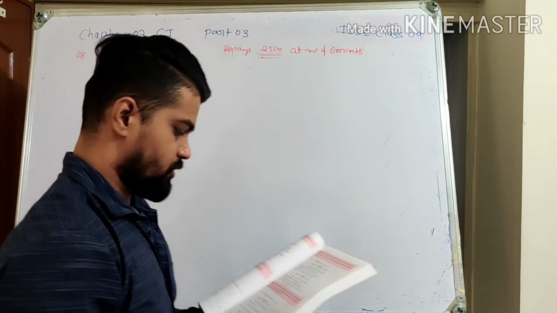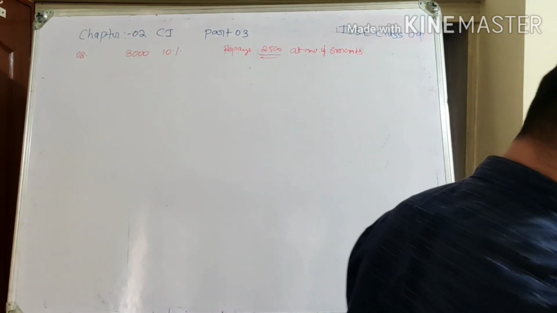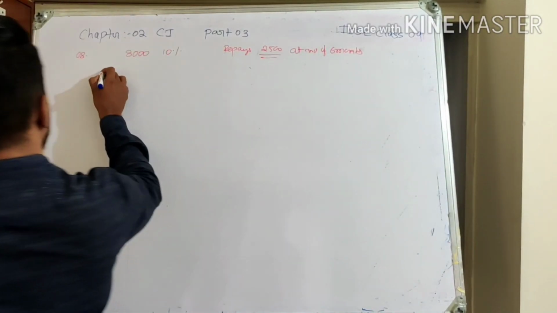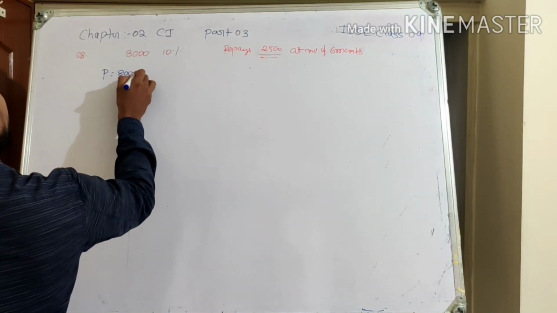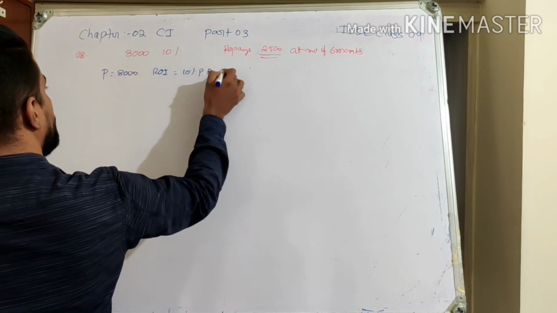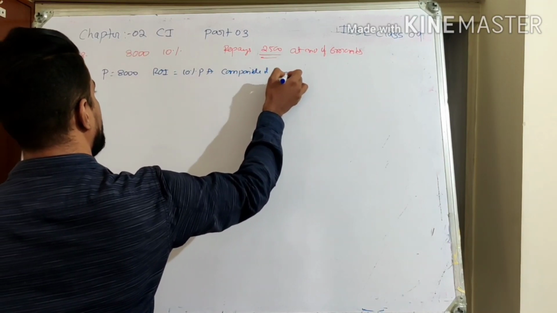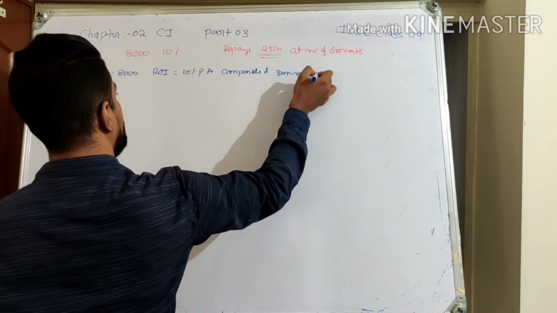Okay, so let's see what happens here. So what is the principal here? The principal is 8,000. Rate of interest is 10% per annum compounded for 6 months. We can say compounded semi-annually. That's the same meaning. Semi-annually means 6 months.